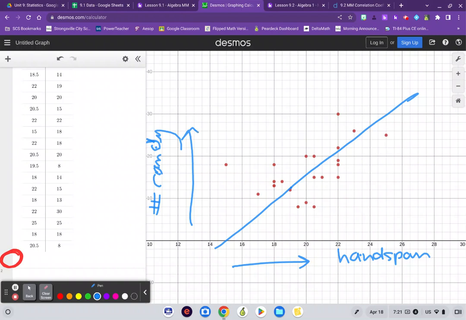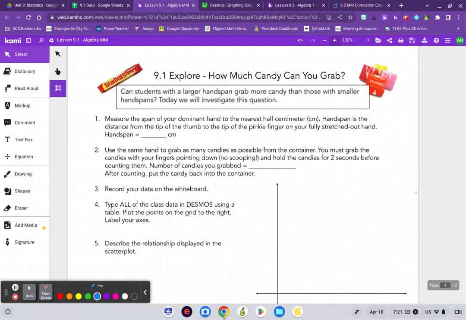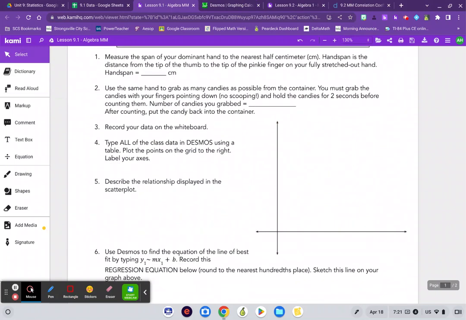We took this data and transferred it to our paper. We took these data points from the table and put them onto our notes, and we have that here. First we had to label our axes.